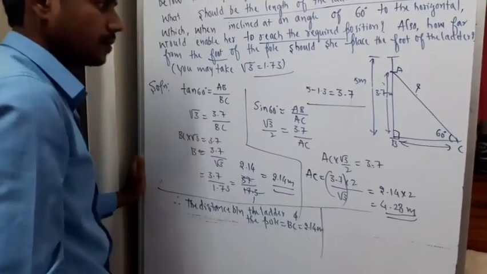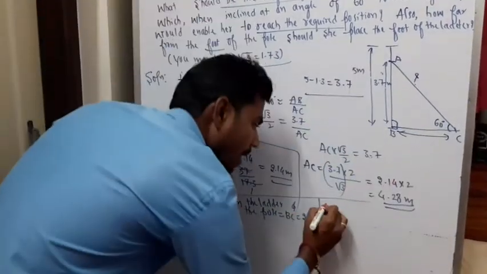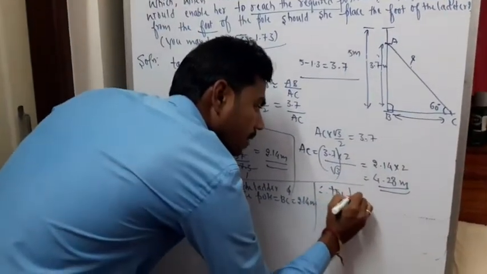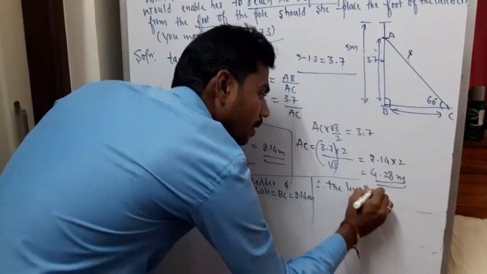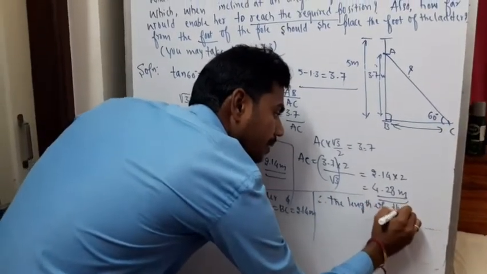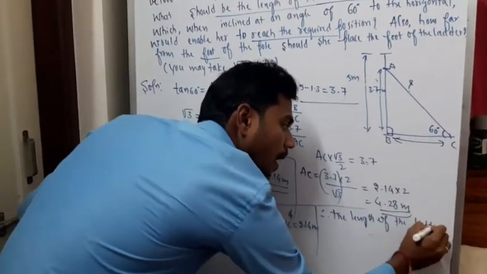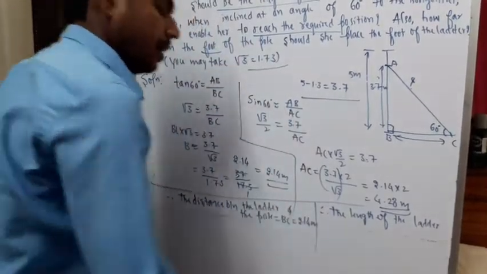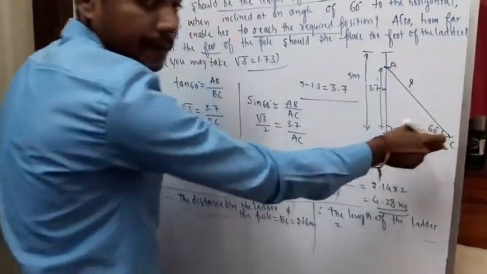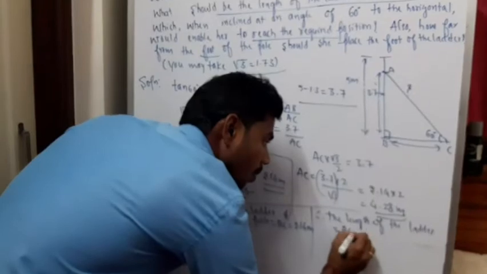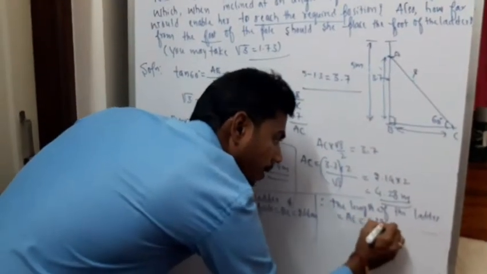Next, the length of the ladder is equal to AC, which is equal to 4.28 meter.